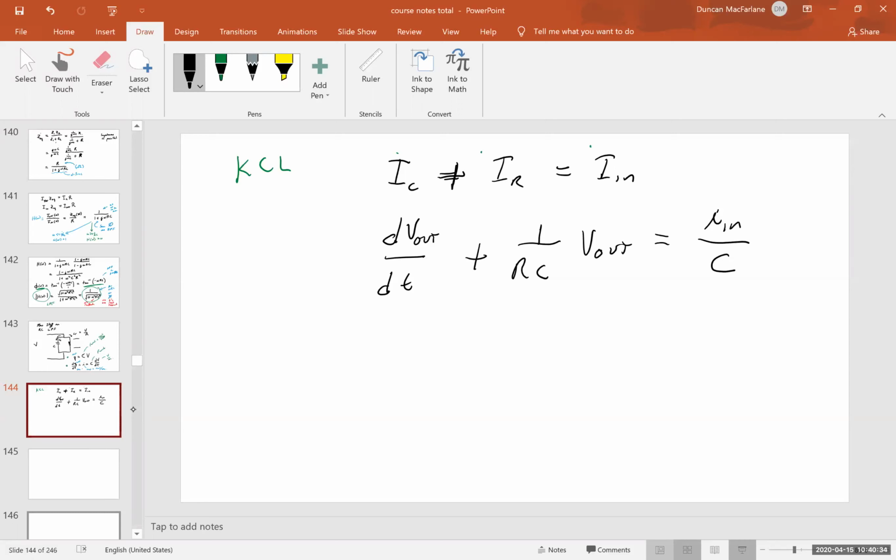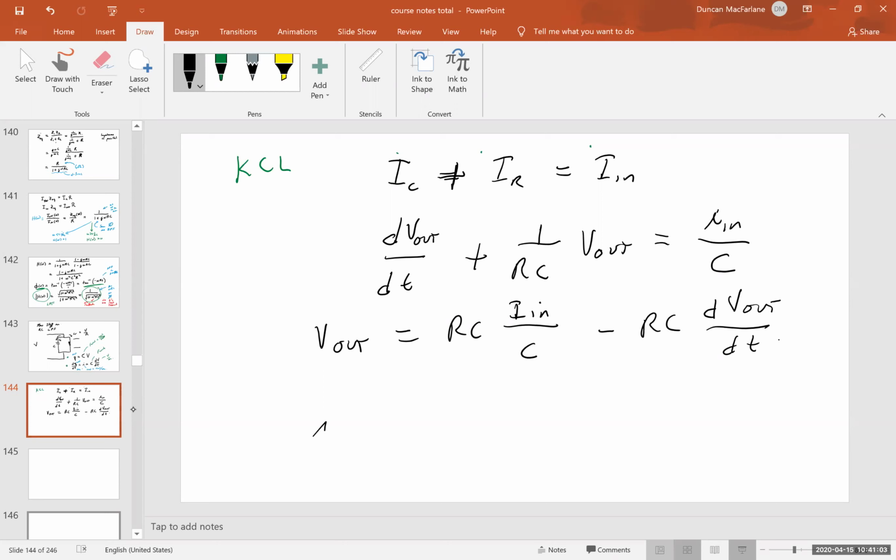So what I'm going to write this as is V out is equal to RC times I in over C, minus RC times dV out dt.